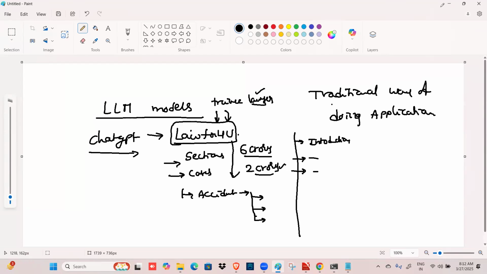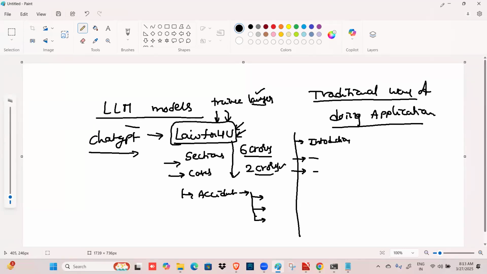To design this application, we can go with the traditional way of doing applications, like collecting the data and gathering everything from the internet, and also from different courts in India, and different types of cases from the lawyers. Everything we need to collect and frame, and make it available, and then we design.